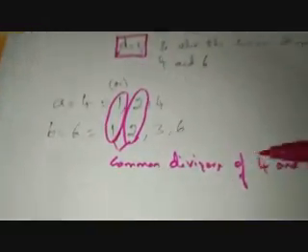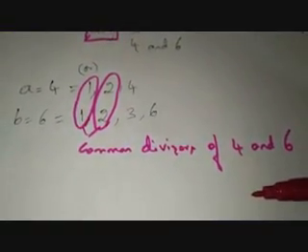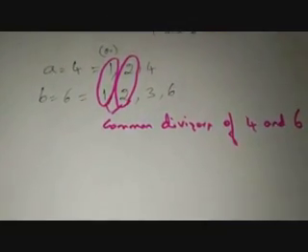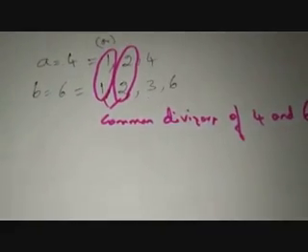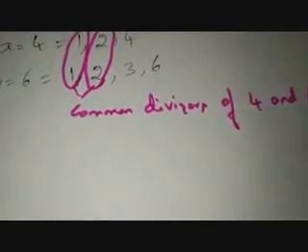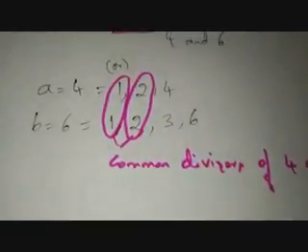This is by the definition I have explained to you, and this is another way where you can easily find the common divisors of 4 and 6 by listing all the divisors of 4 and all the divisors of 6, then picking out the common numbers, which are the common divisors of 4 and 6.